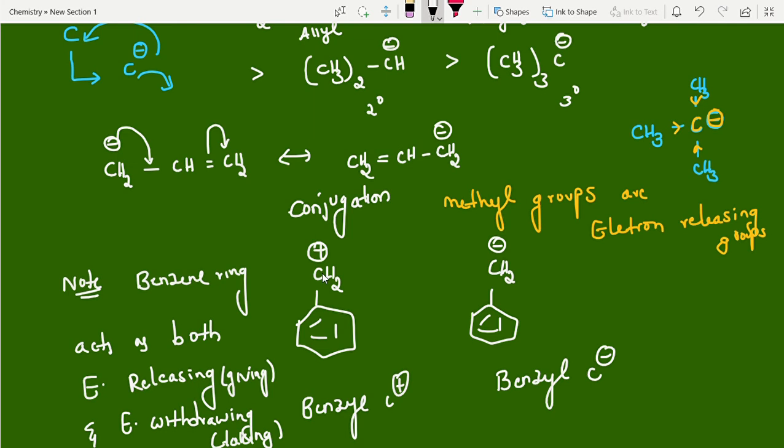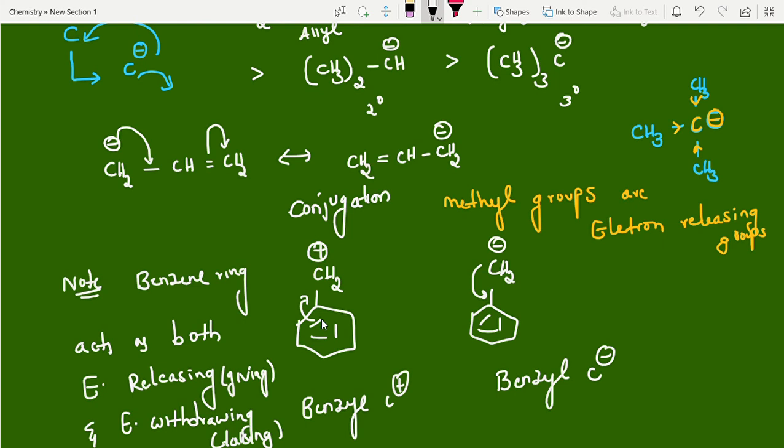See here, if the situation demands, needs electrons, yes, we will give electrons. Here the situation is demanding, I have to give electrons, right? Then he is giving electrons. So he is giving electrons and gets stabilized. He is taking electrons and gets stabilized. Finally, our benzene ring acts as both.